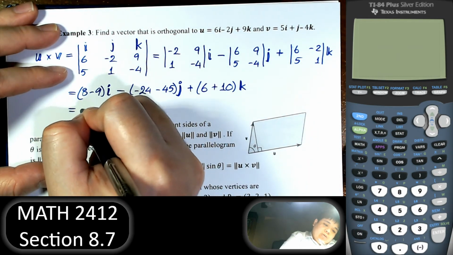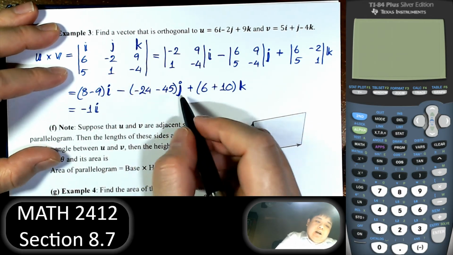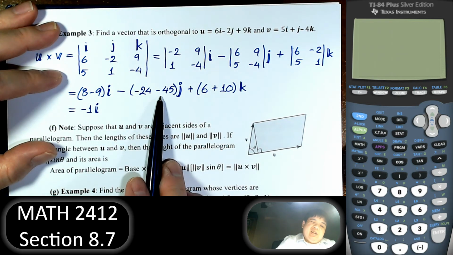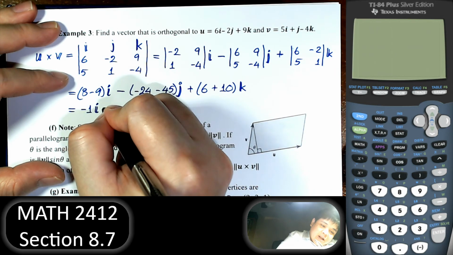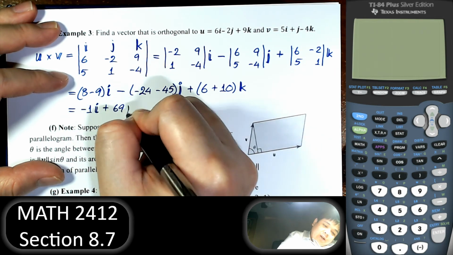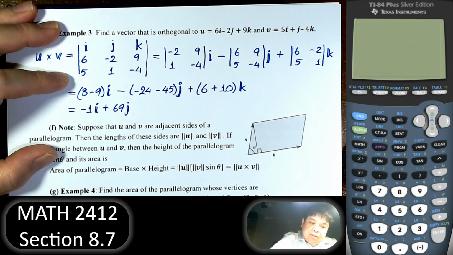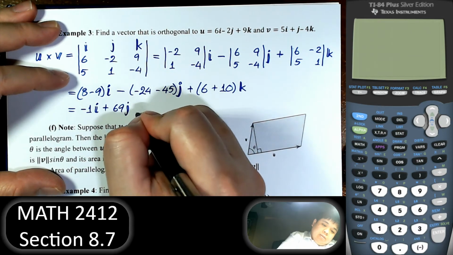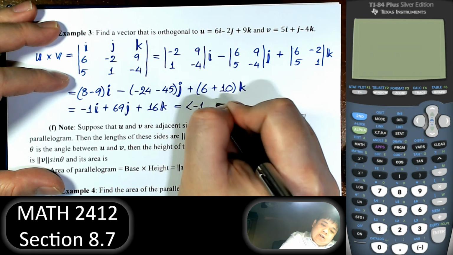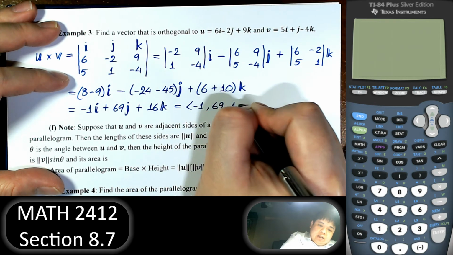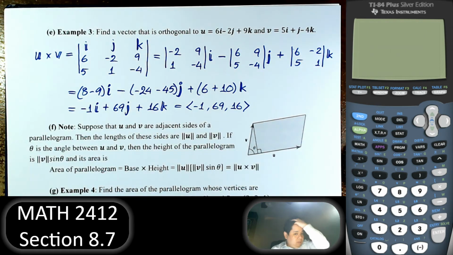So that gives us negative 1 i, 24 and 45, that's 69, negative 69 with the minus, that's plus 69 j, plus 16k. So negative 1, 69, and 16. Right, so that's what we have.